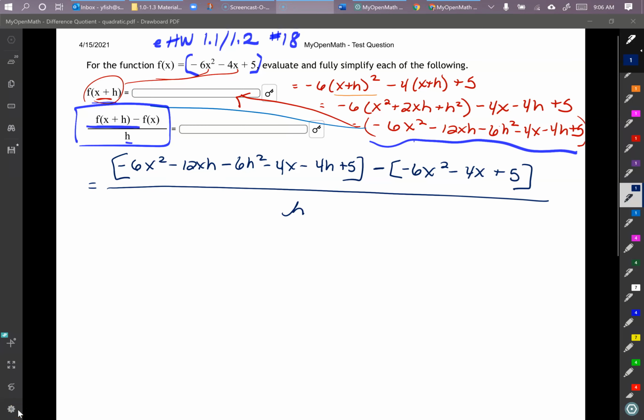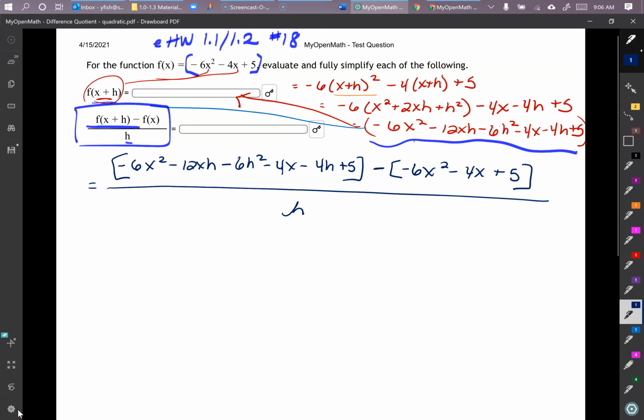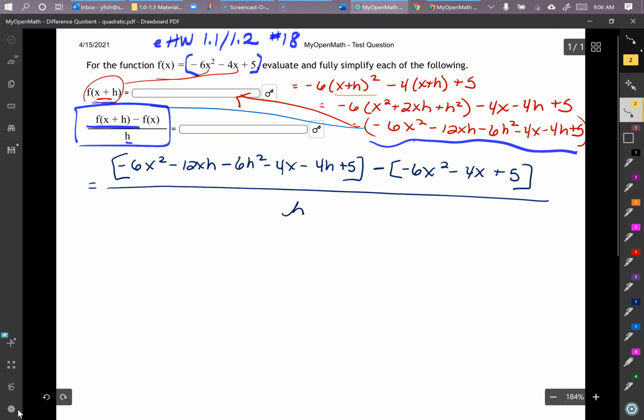Okay, so I've just rewritten the f of x plus h all done out right here using brackets. Then subtract, and make sure you use brackets or parentheses when you write the function f of x in there, because you're subtracting the whole thing, so you'll have to distribute this negative.